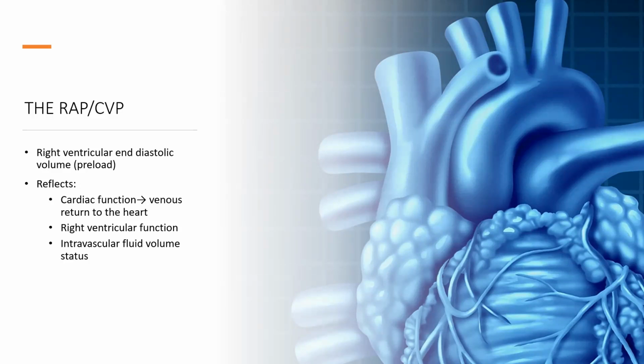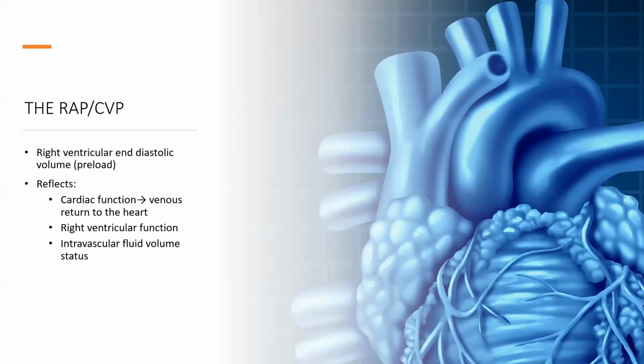CVP, therefore, is considered to be equivalent to the right atrial pressure, which in the absence of problems of the tricuspid valve should be a reflection of the right ventricular end-diastolic volume. So when you're measuring CVP, you're thinking of preload. It is the amount of blood that is going to be present in the right ventricle at the end of diastole.